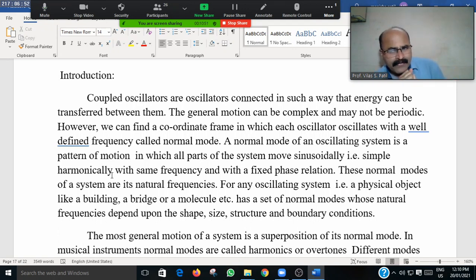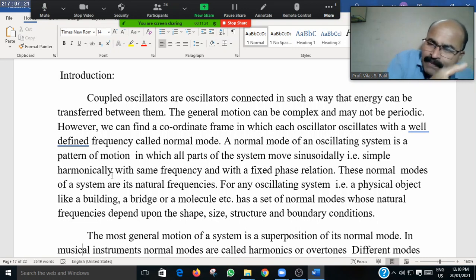Consider a simple pendulum tied to a rigid support. The bob is stable at the mean position. If I apply an external force and move the bob from the mean position to some displacement and release it, the bob tries to come back to the mean position, but not directly.